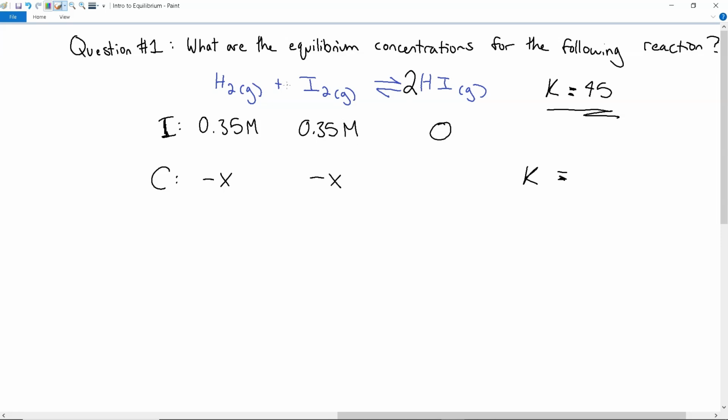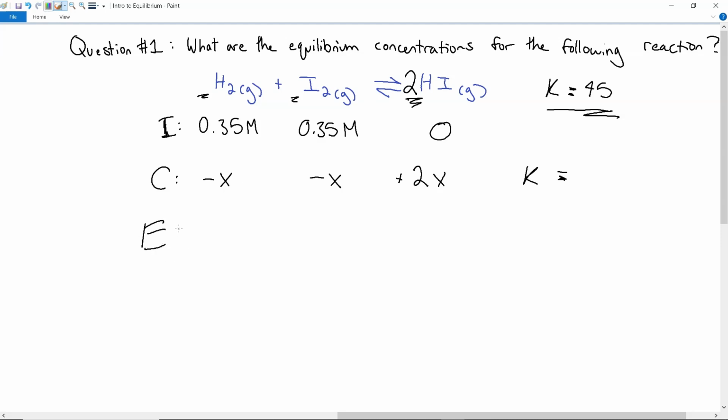So for every 1 mole of hydrogen and iodine that are reacting, we're going to get 2 moles of hydrogen iodide. So here we could say we're gaining 2x of our product, but we're only losing 1x of our reactant. And that's all due to our mole ratios.